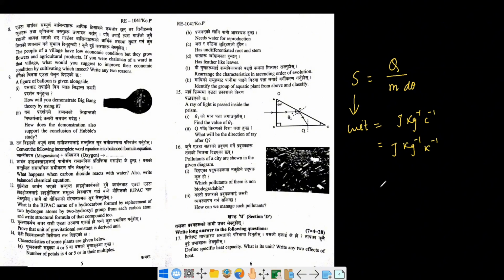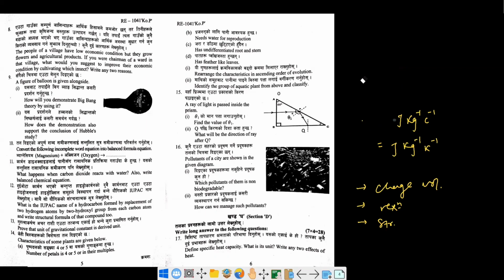And two effects of heat can be listed as: one, it changes volume, and sometimes it initiates a reaction. Sometimes it also changes the structure of a body, and so these are the common effects of heat. Okay, let's move on to another question.